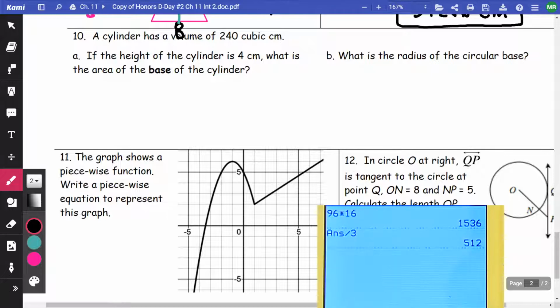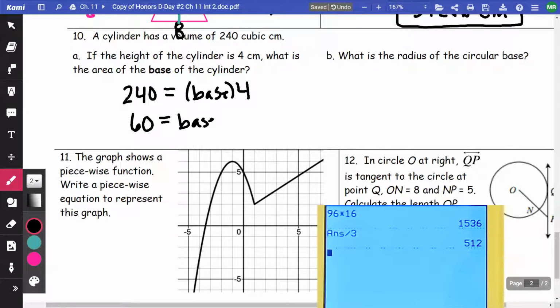So to find the volume of a cylinder, it is equal to the base area times the height, which is 4. So I'm going to end up with 60 is equal to the base area. And so this is 60 centimeters squared.